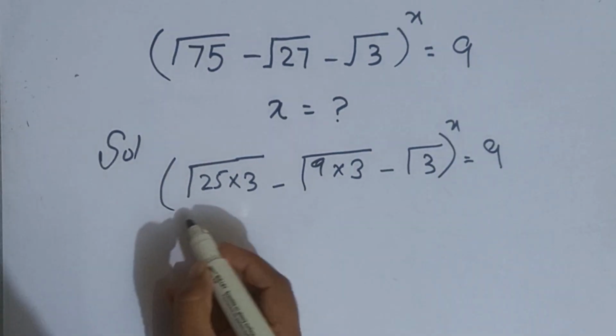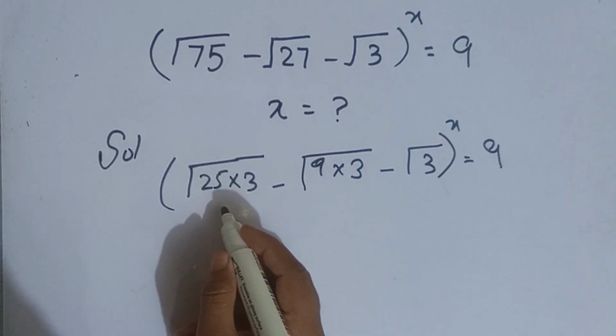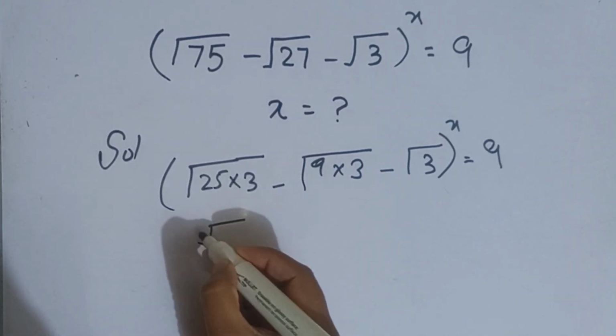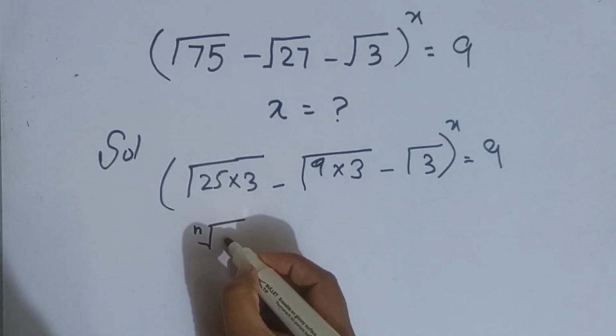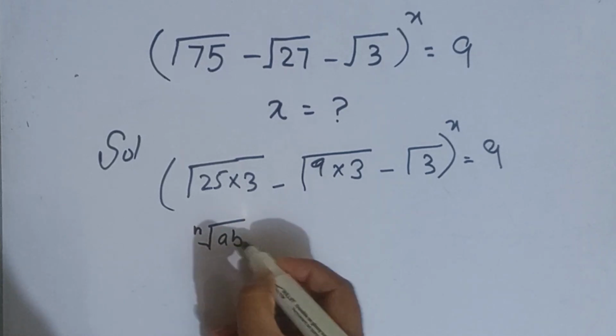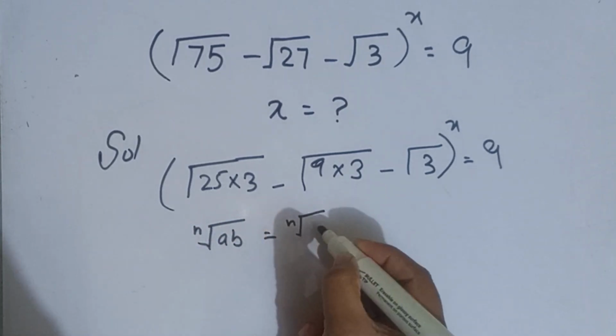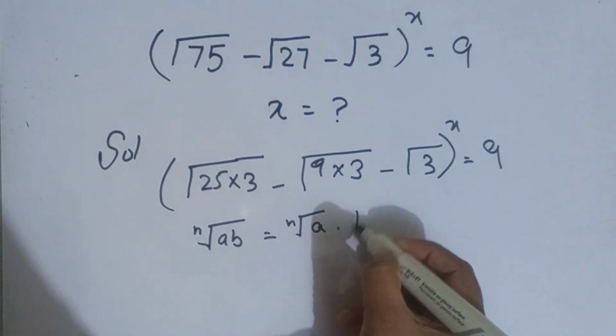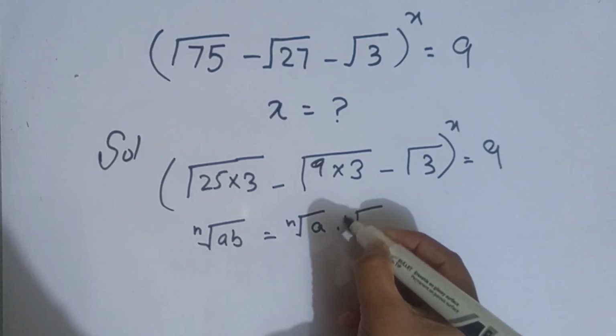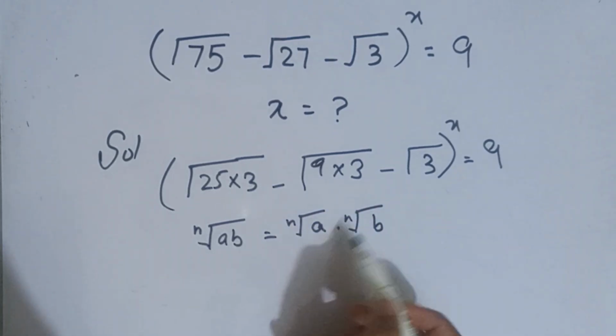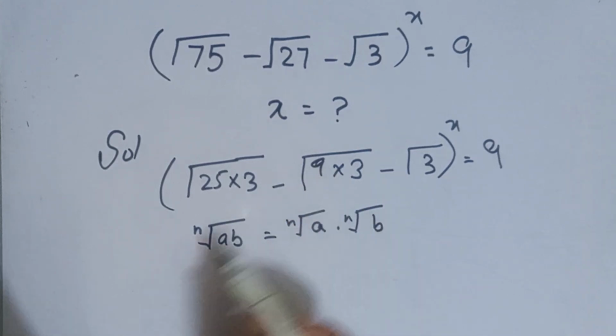Now in the next step we use this property of radicals: the nth root of the product ab, we write this as the nth root of a multiplied by the nth root of b. We apply this property on the left hand side.